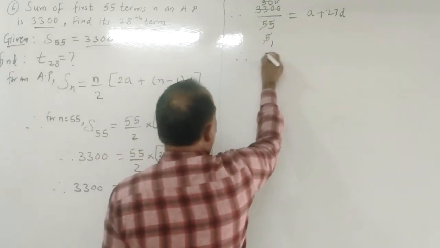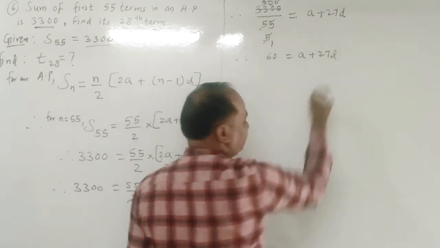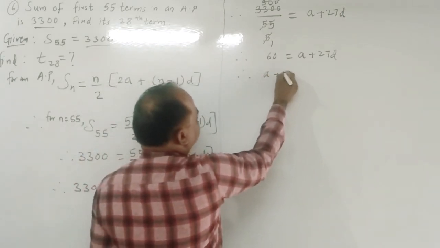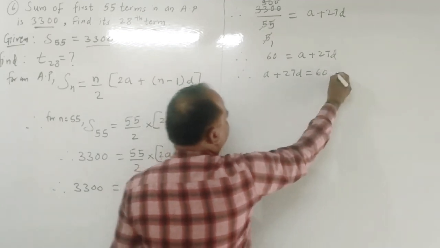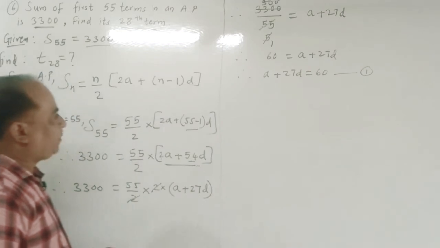So therefore 60 is equal to a plus 27d. Therefore a plus 27d is equal to 60. This is equation number first.